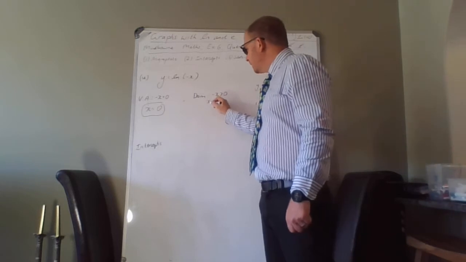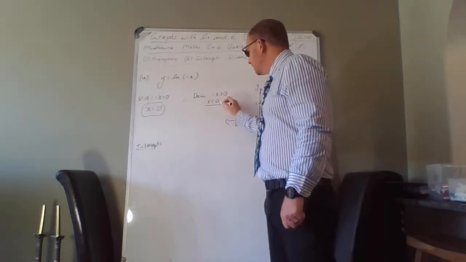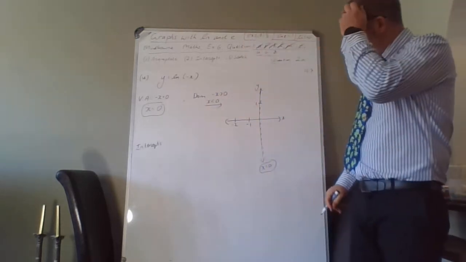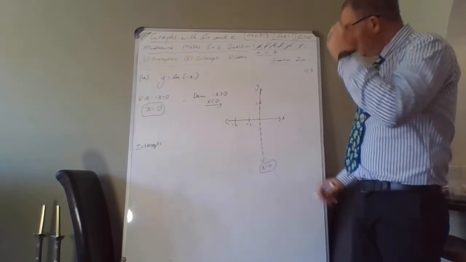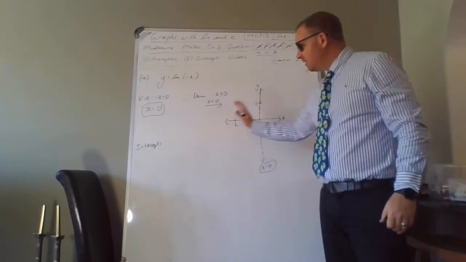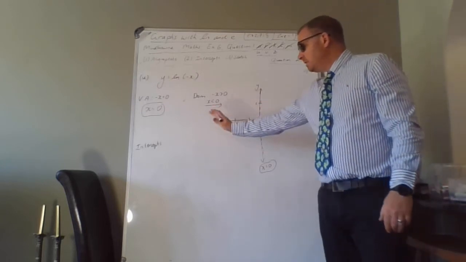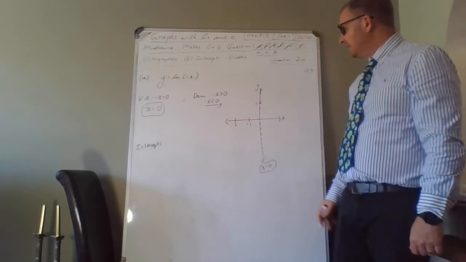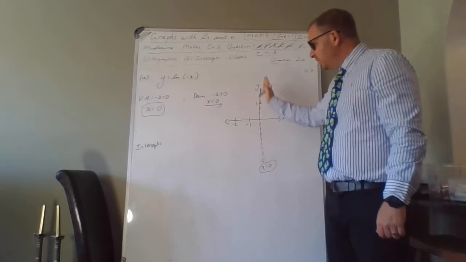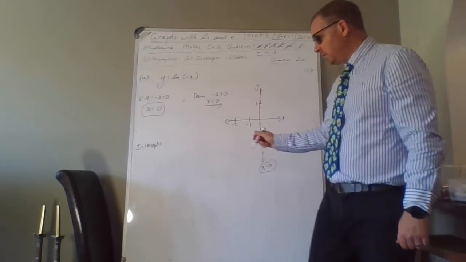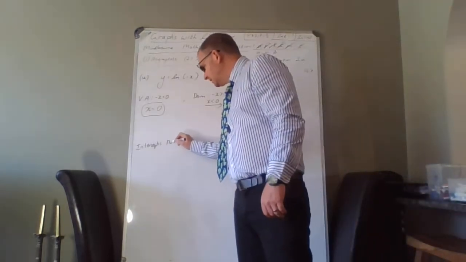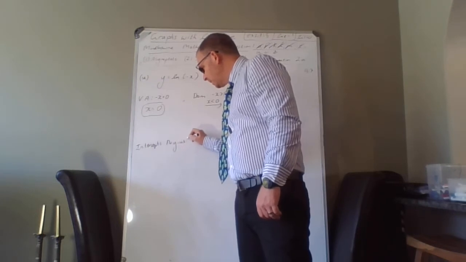And if I divide an inequality by a negative, the direction of the inequality changes. So the domain is x is less than 0. So I can only put negative values into this function, so the whole graph is going to be to the left of the y-axis. So intercepts, well, the vertical asymptote is x is equal to 0, so it's not going to cut the y-axis, so there's no y-intercept.